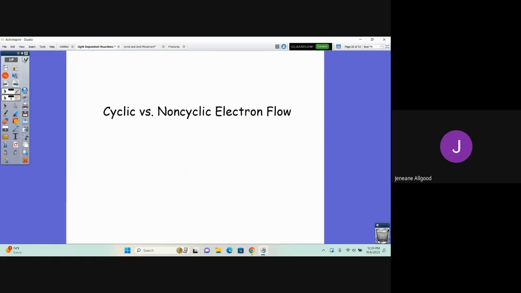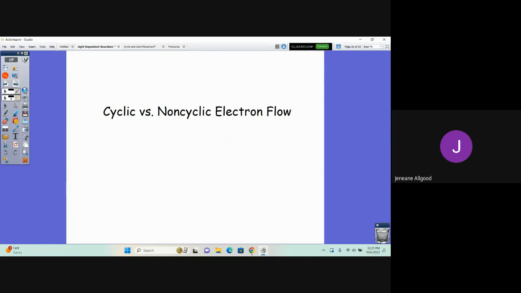All right, last little topic for today: cyclic versus non-cyclic electron flow. Now notice there's not many slides in this part.